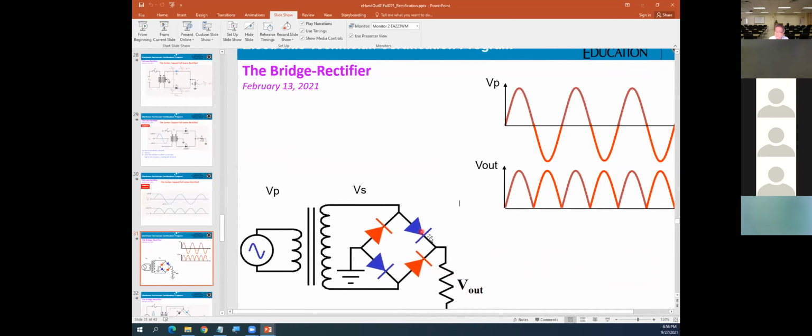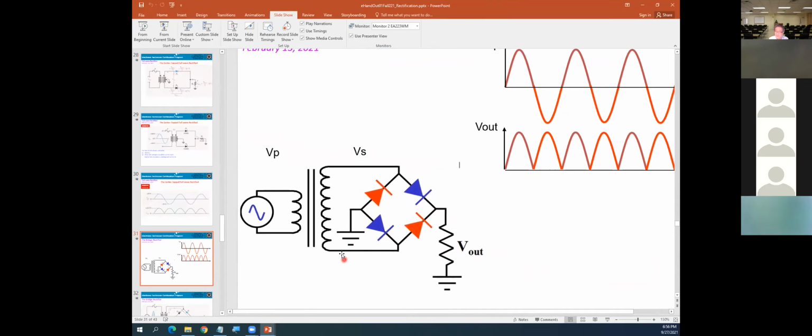Now, if you're looking into the circuitry, the output here, same full wave rectifier, exactly the same. However, the only thing is they're only using 4 diodes. And also the transformer here is not the center tap transformer, just normal.